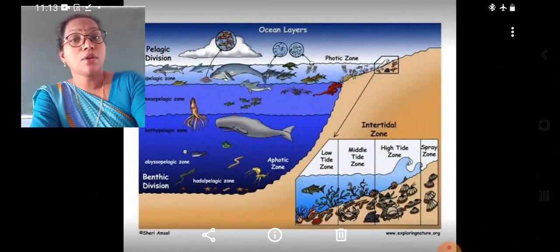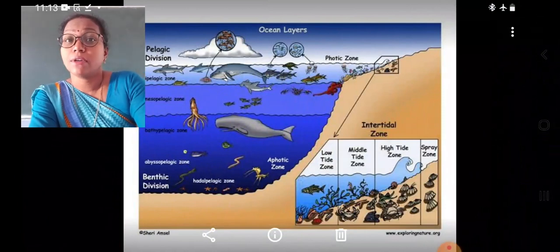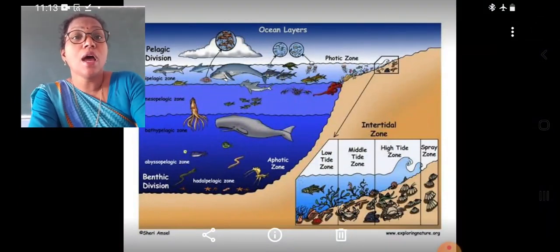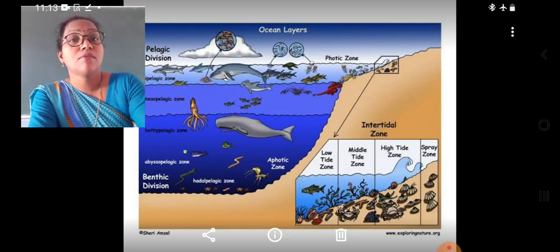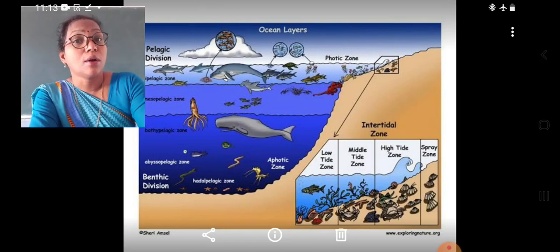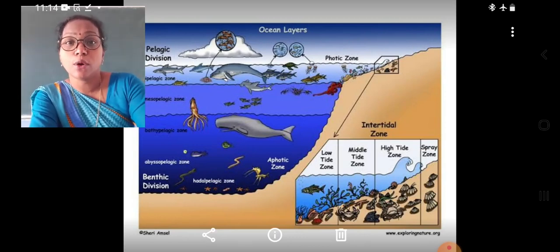The upper part of the oceans has more flora and fauna, and in the bottom layers very few species of organisms are found. And on the ocean floor, the organisms either have no eyes, or they produce their own light in their bodies.